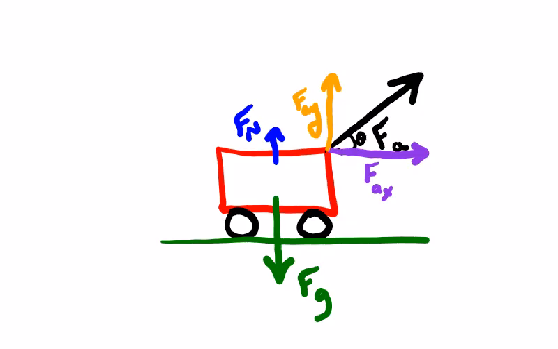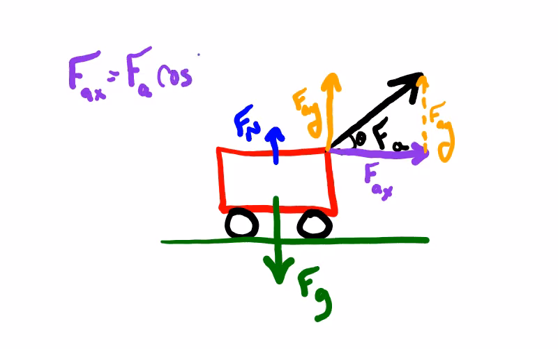So the key thing that I have here is I can use good old SOHCAHTOA to relate those three things, because this FA, even though it's going to act over here, we could put it over here to show that it creates a nice little right triangle. So as I go about trying to relate these things, since FAX is adjacent to this angle and FA would be the hypotenuse, we can find FAX by taking FA and multiplying by the cosine of my angle.